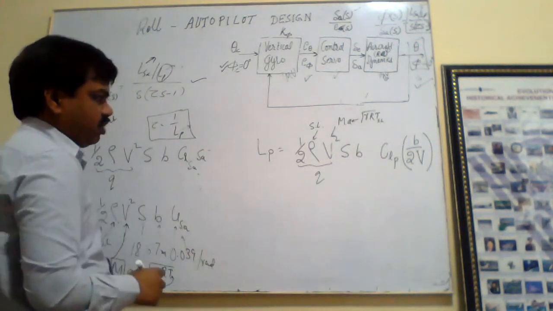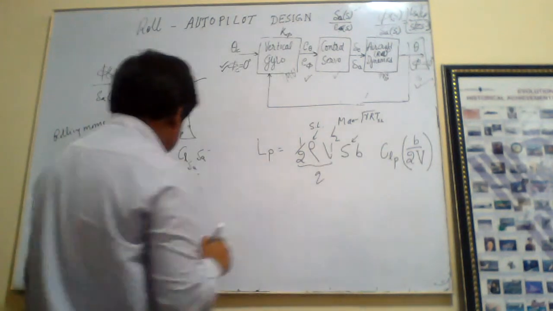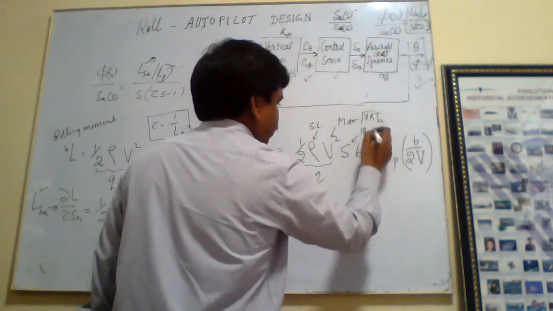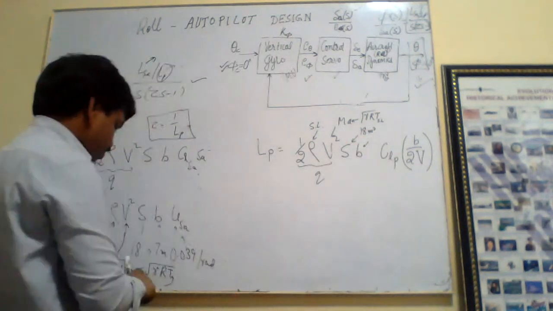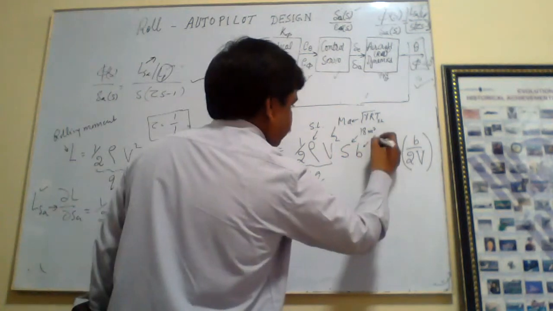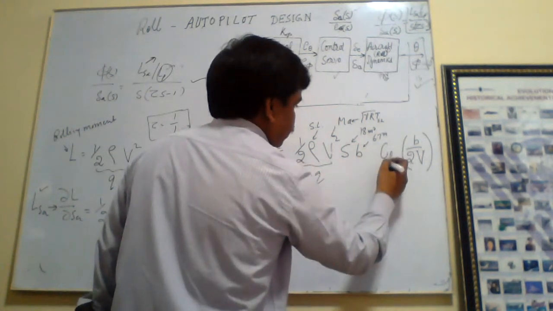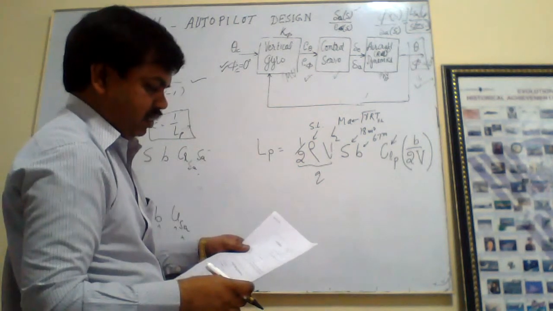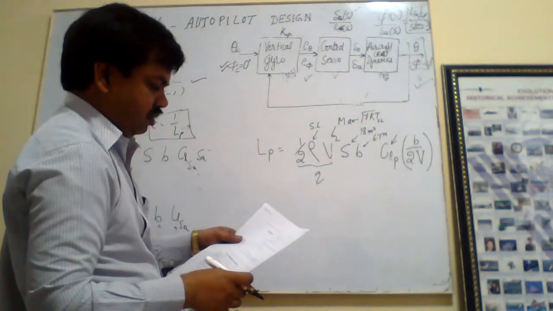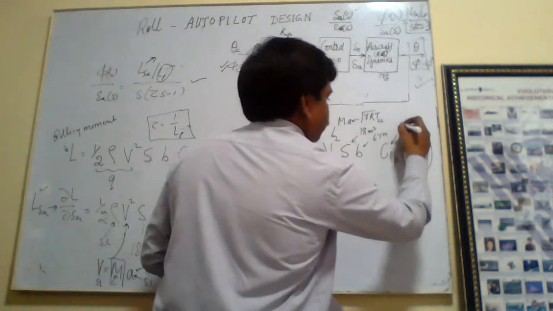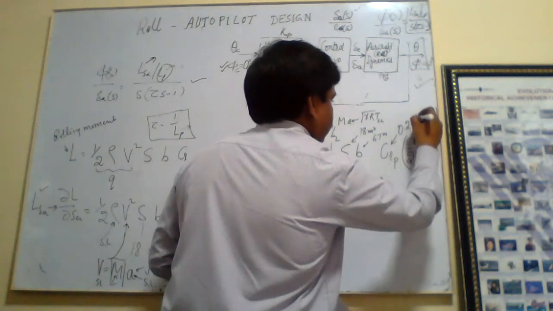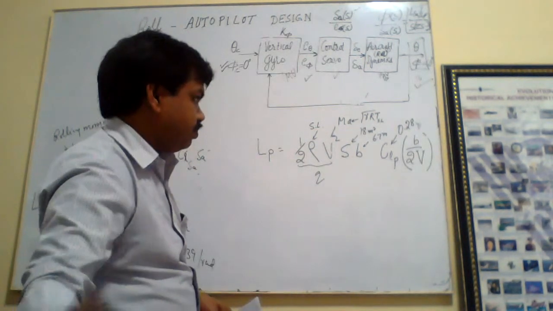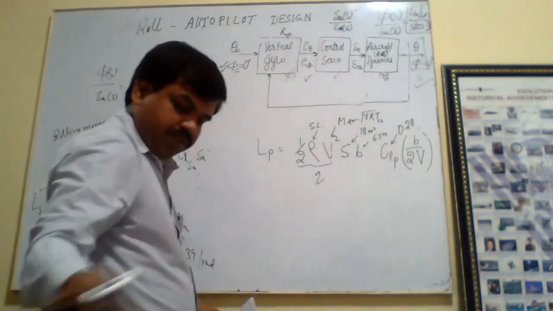The S for that aircraft is given as 18 meters squared, the span is given as 6.7 meters, and the value of C L P is given, again from the aircraft data. This is 0.285 per radian.